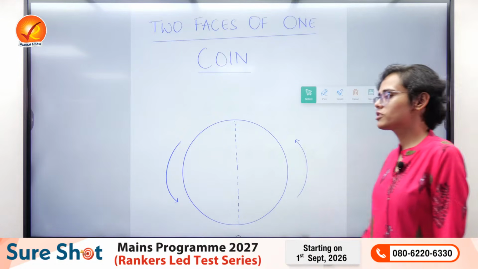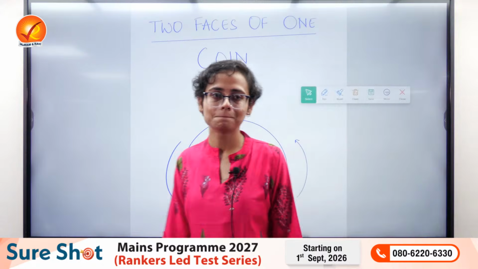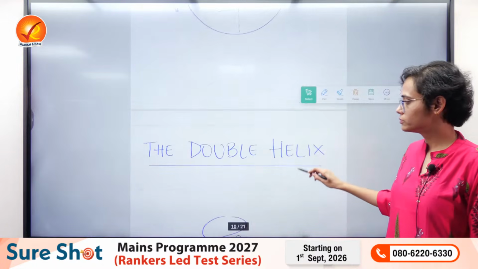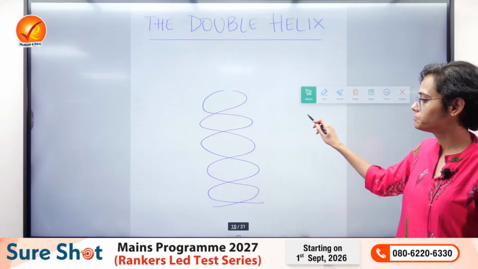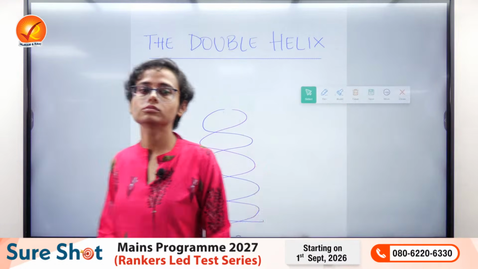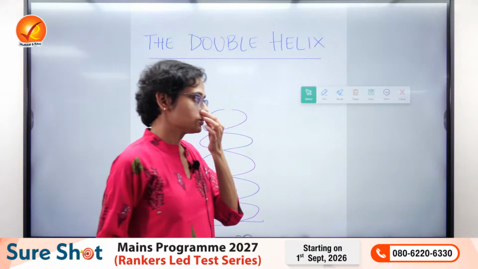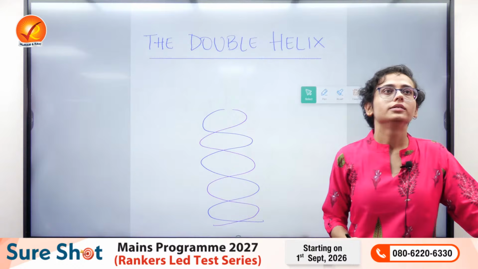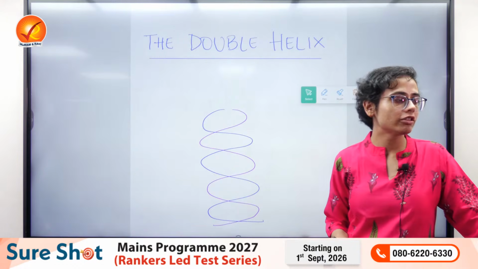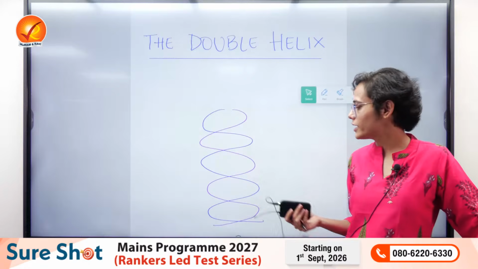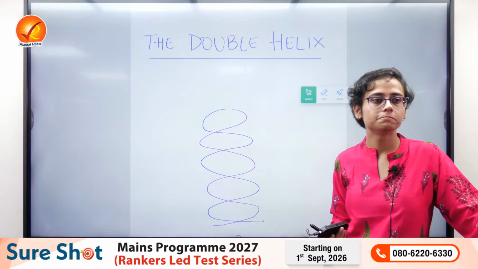Now, freedom versus responsibility, there can be many. Now the double helix. Double helix means, it is a diagram of what? DNA.